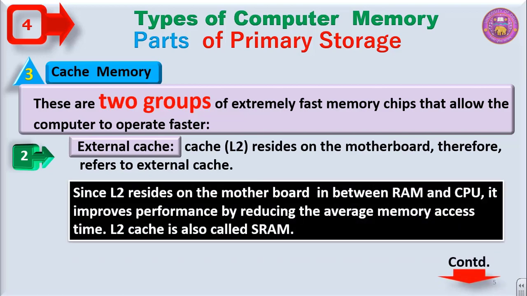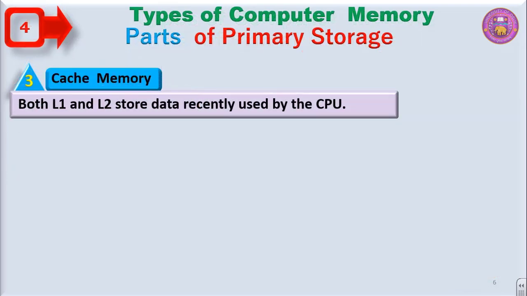Since L2 resides on the motherboard in between RAM and CPU, it improves performance by reducing the average memory access time. L2 cache is also called SRAM. Both L1 and L2 store data recently used by the CPU.